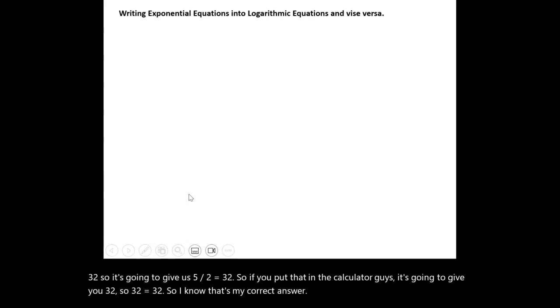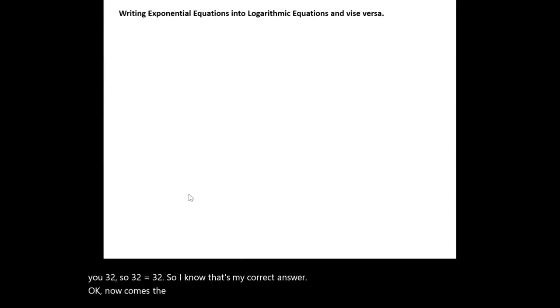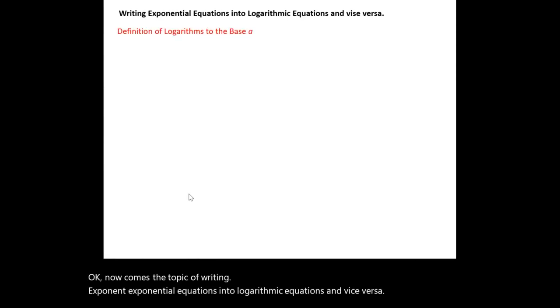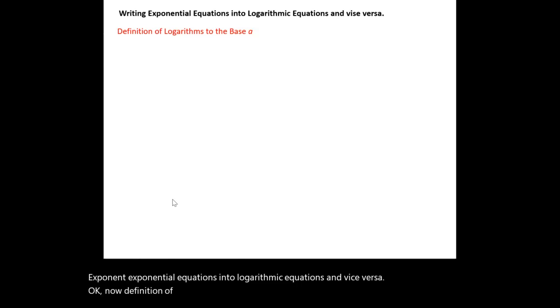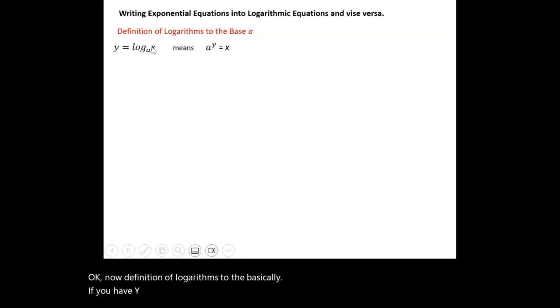Okay, now comes the topic of writing exponential equations into logarithmic equations and vice versa. Okay, now a definition of logarithms to the base a. If you have y equals log base a of x, it means a to the y equals x.